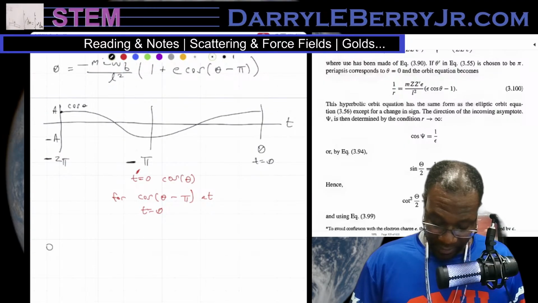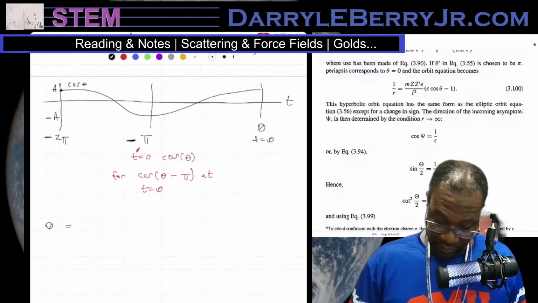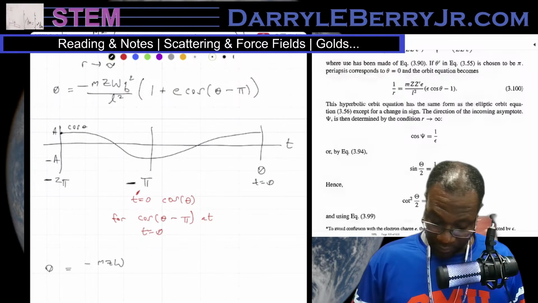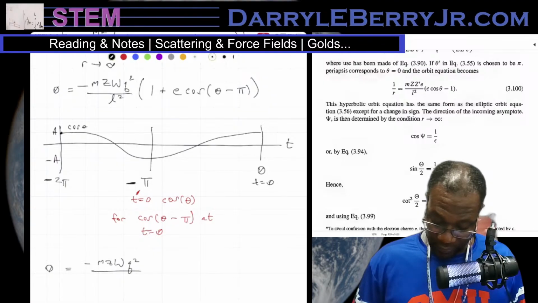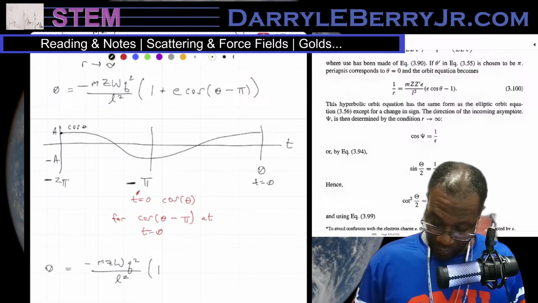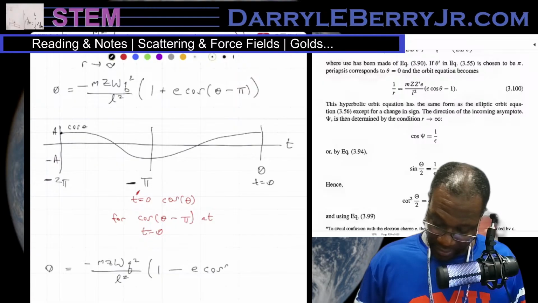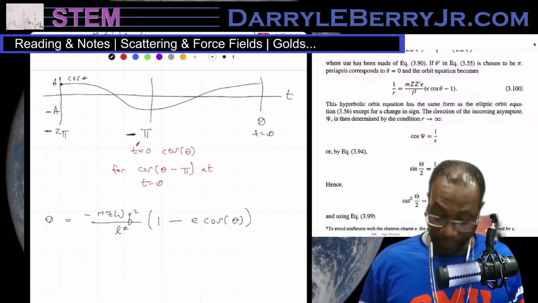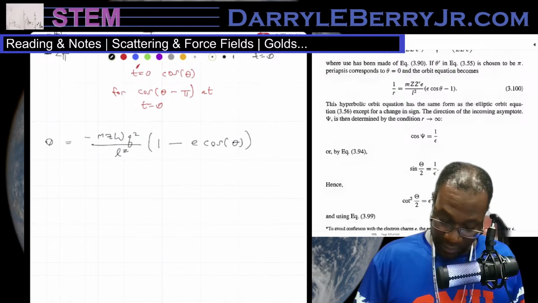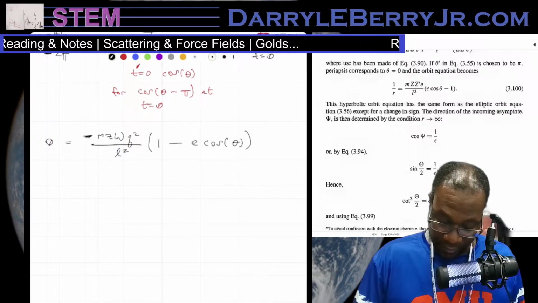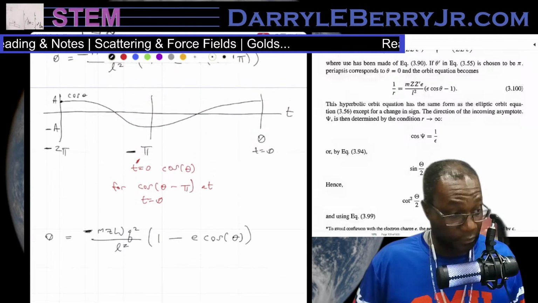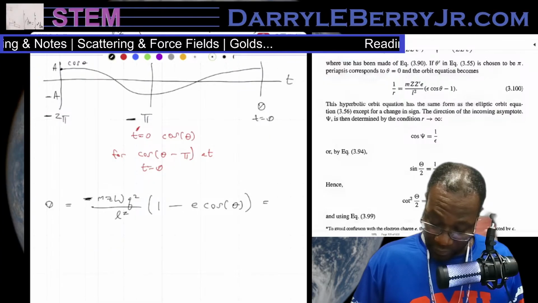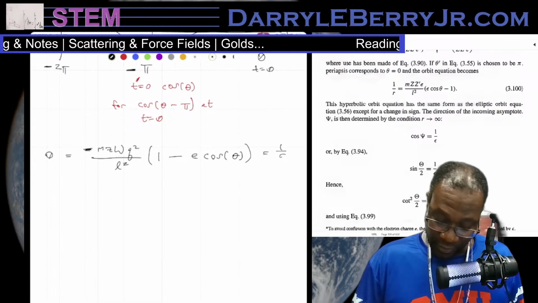But that's the same thing as saying 0 equals negative m k q squared over L squared times 1 minus e cosine theta. Right, so now we have that. If I distribute this negative, that still equals 1 over r because r is going to infinity.